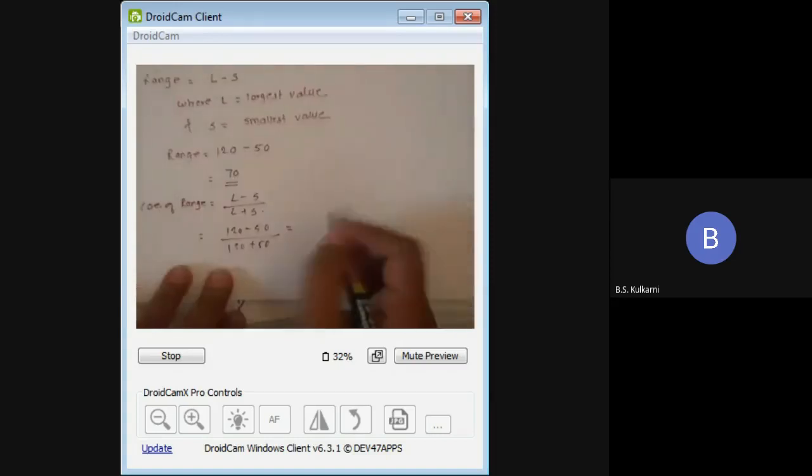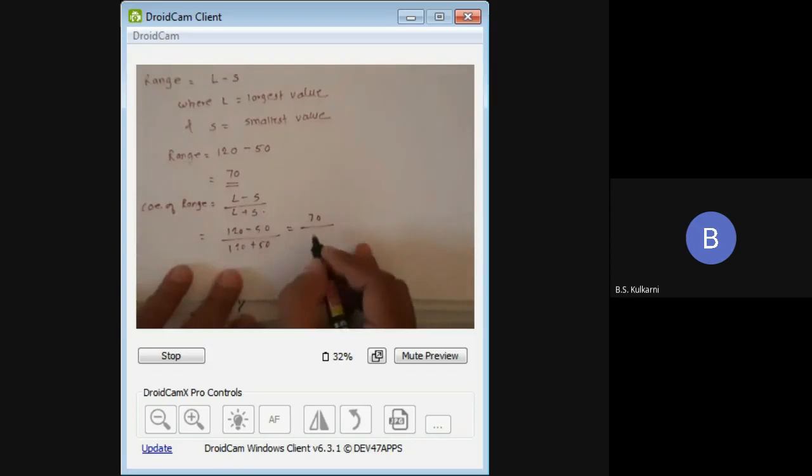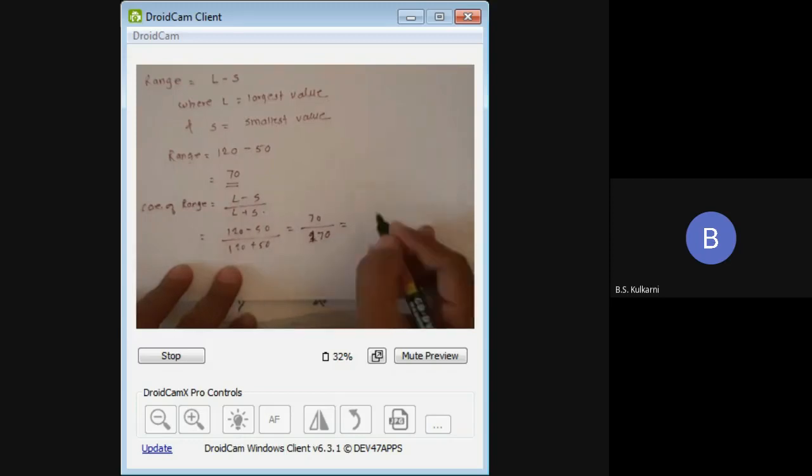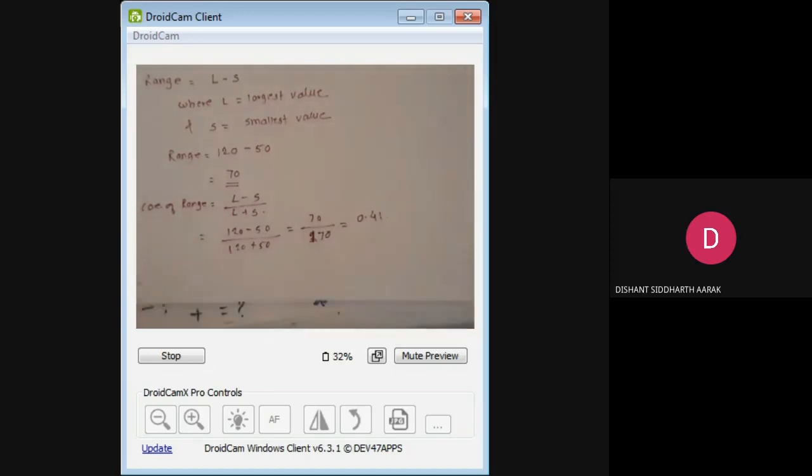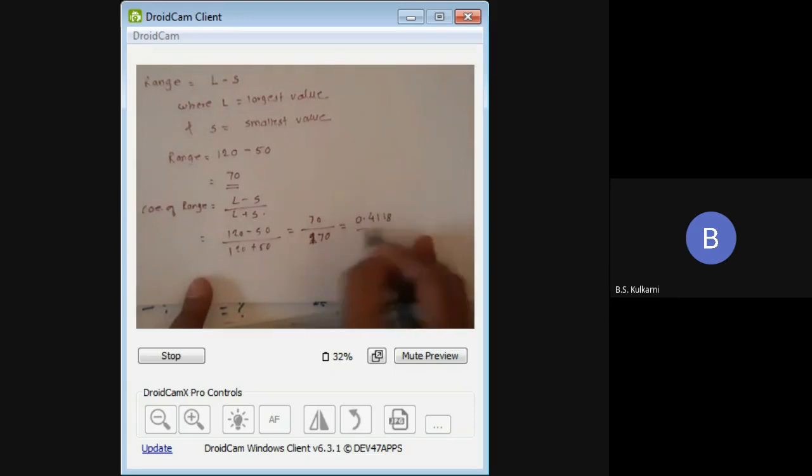So what will be the answer? 70 divided by 170. So what is the division? I think 0.41 something. 0.4118. Okay, this is your coefficient of range.